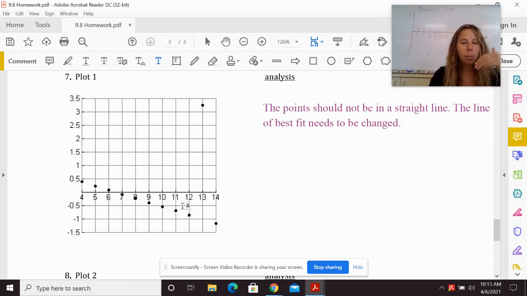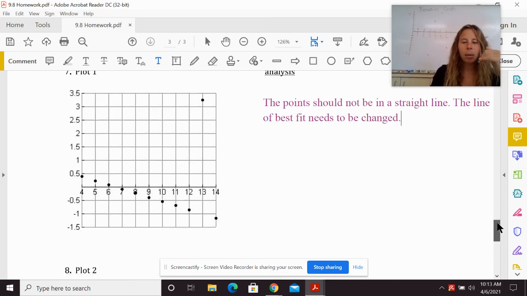Remember, when you have a residual plot, you want to have your dots at equal distance from the origin, basically, from the line. So this is not right. They should not ever be a straight line.